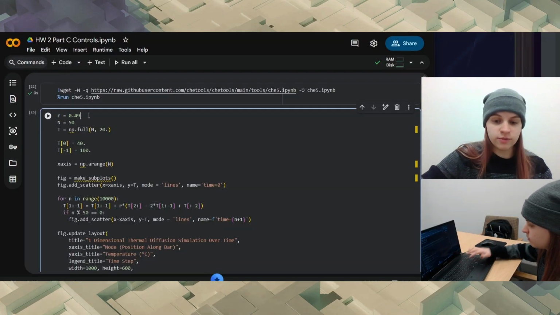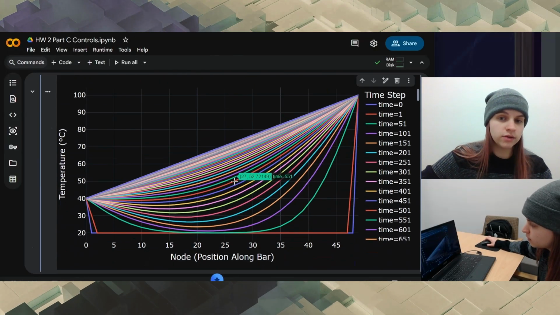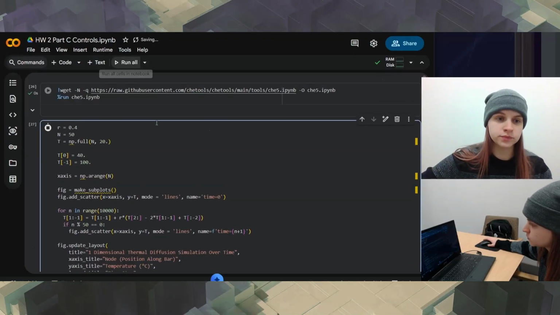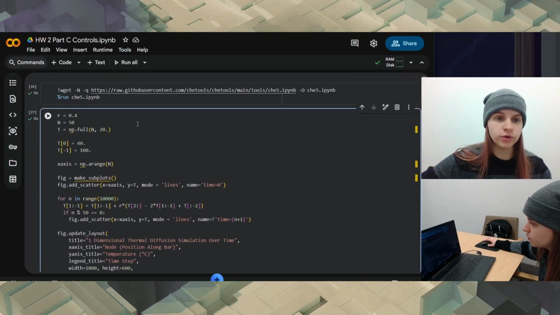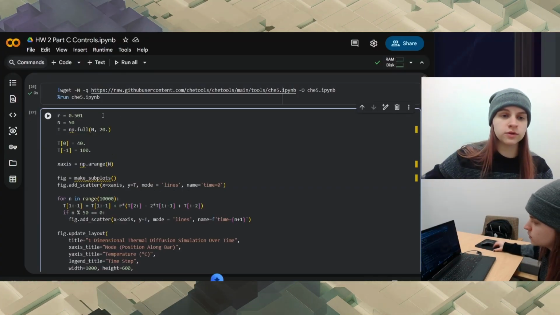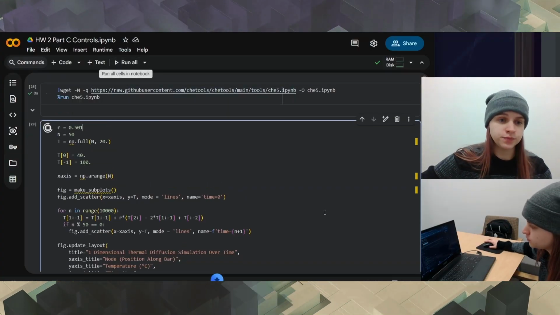And if I set that to 0.499, we don't have any really noticeable difference at all. 0.4, again, no noticeable difference. So you're like, okay, if 0.499 wasn't very noticeable of a difference, what would 0.501 do?